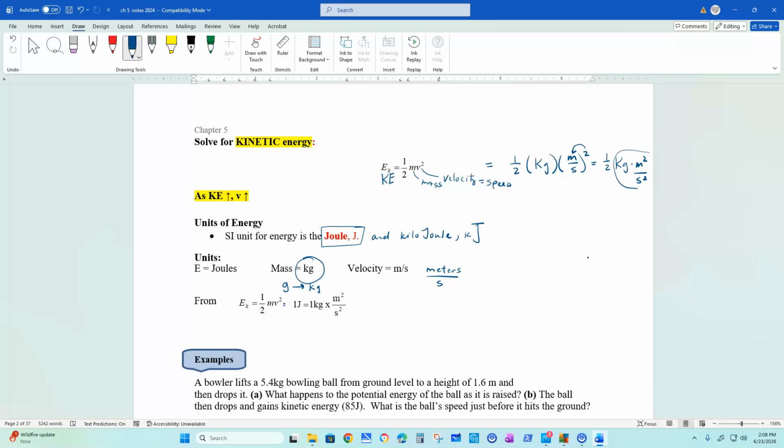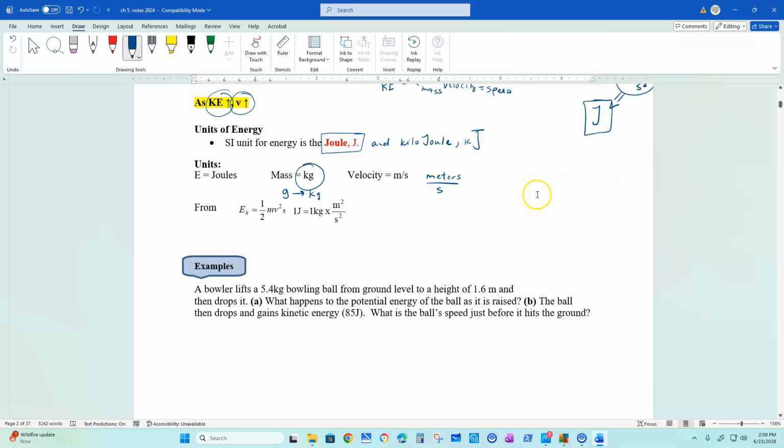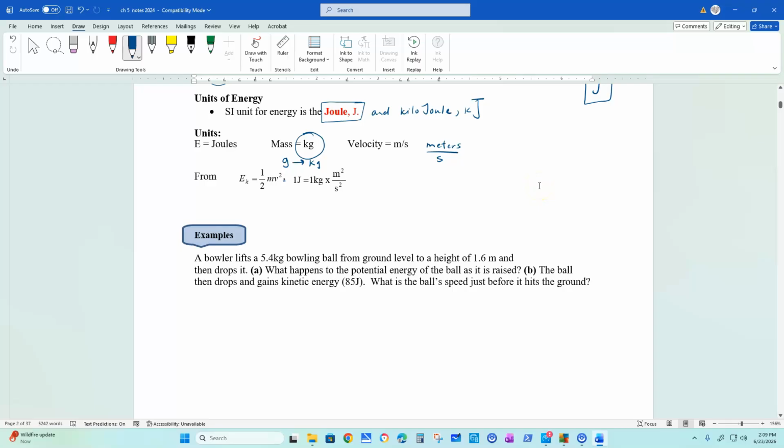And all of that unit equals a joule. Okay? So that's why we have to have specific units for the mass and velocity, because that's what a joule breaks down into. Now, as you go faster, you're gaining energy, and not only gaining energy, you're gaining kinetic energy. So let's bust out this calculator and try a sample question.